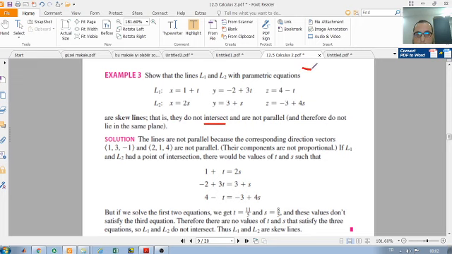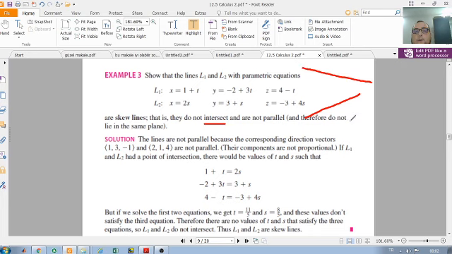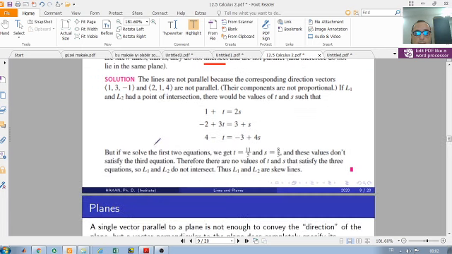Namely, we don't have any intersection points for the lines like this. This is a line, and they have no intersection point in three-dimensional coordinate system, and the directions are different. You see, they are not parallel, so we say they are skew lines, like the box.